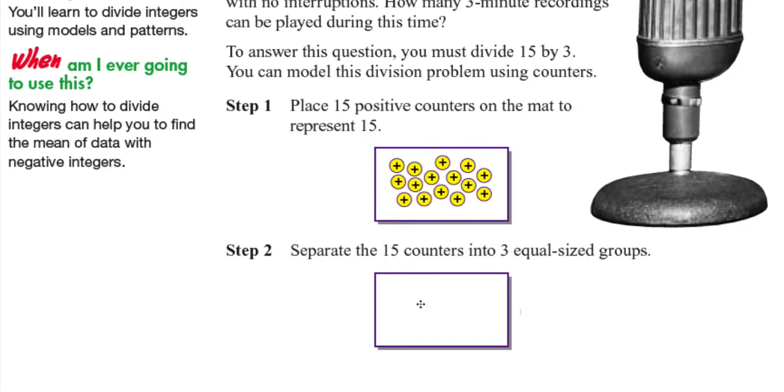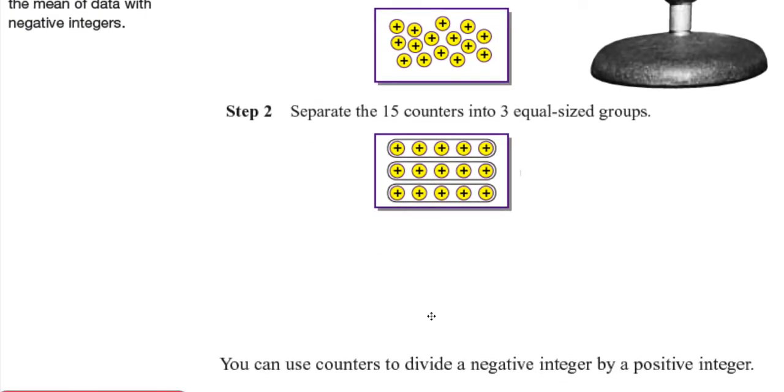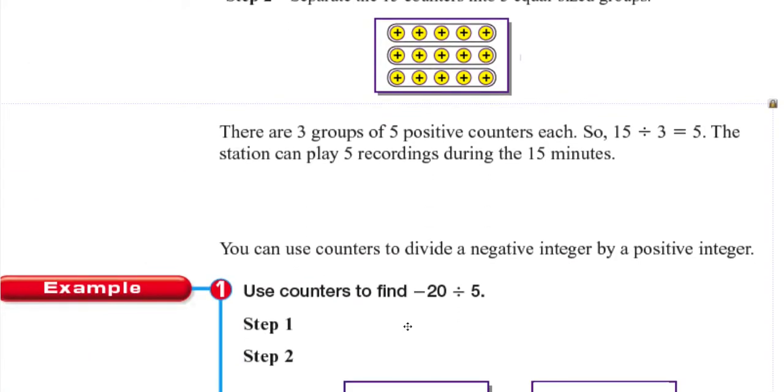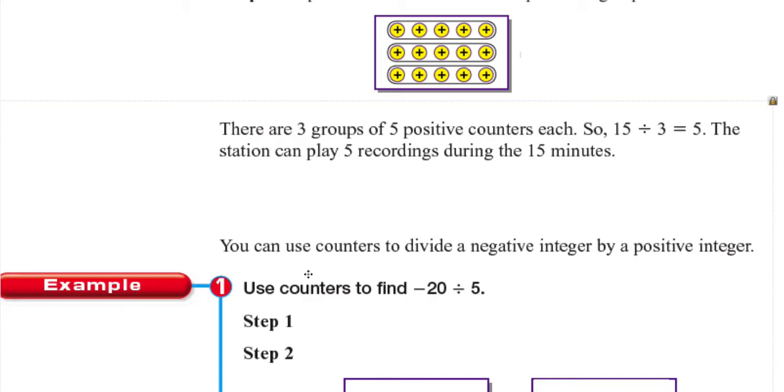You end up with 3 groups of 5 positive counters each. 15 divided by 3 is equal to 5. So the station can play 5 recordings during 15 minutes.